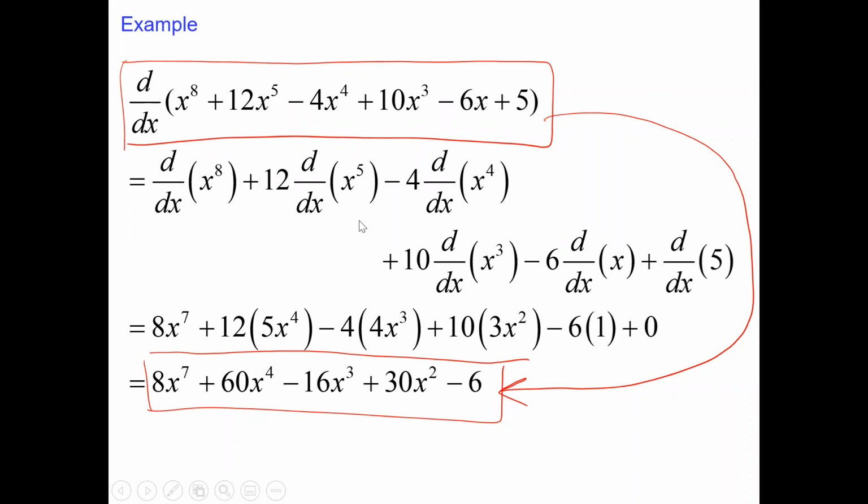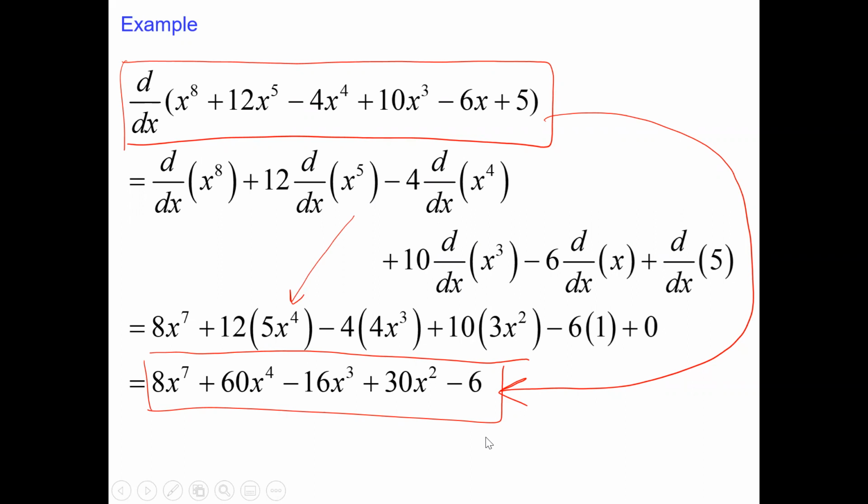So we take the derivative of each component. And then, for instance, for 12x to the power of 5, I use the constant multiple: I keep the 12 outside, just differentiate x to the power of 5, and then multiply. So don't worry, you may skip all of these steps. You can just jump and provide the final line.